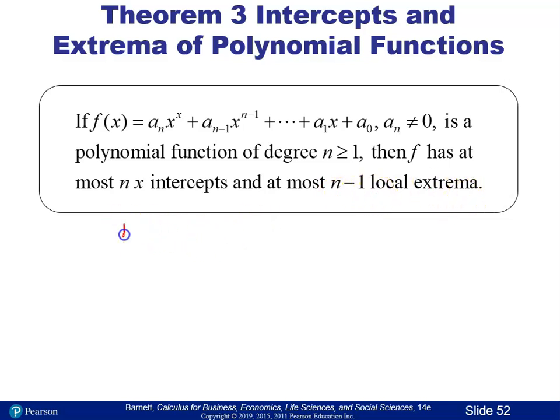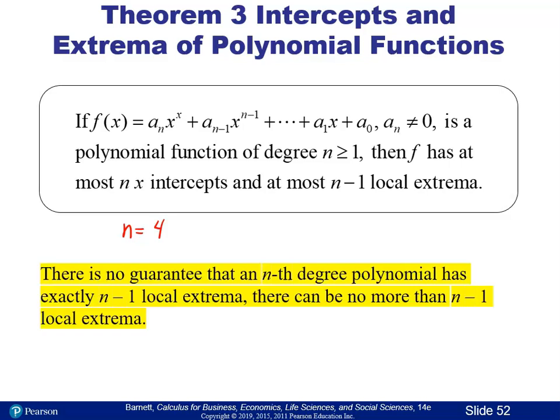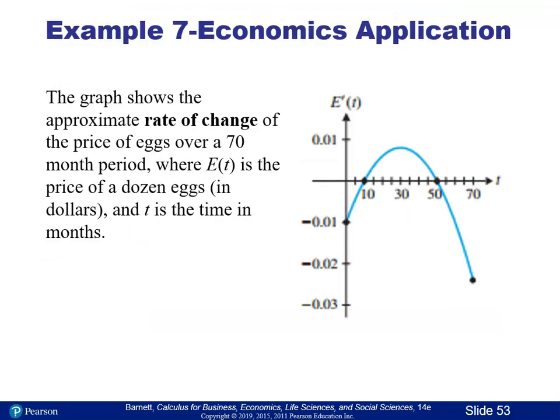So basically if the degree is 4, what it's saying is that it could have at most 4 x-intercepts, and it could have at most 3 maximums and minimums, so 1 less than your degree. Okay, there's no guarantee that it has that, but it could have as many as that.